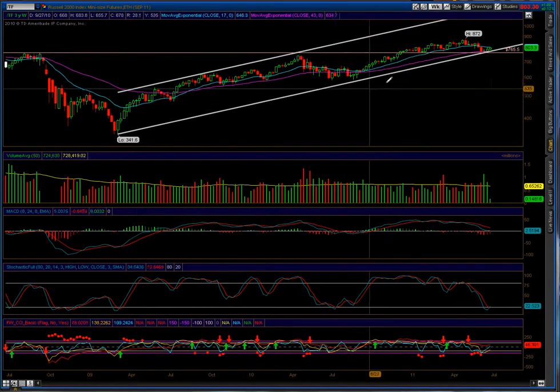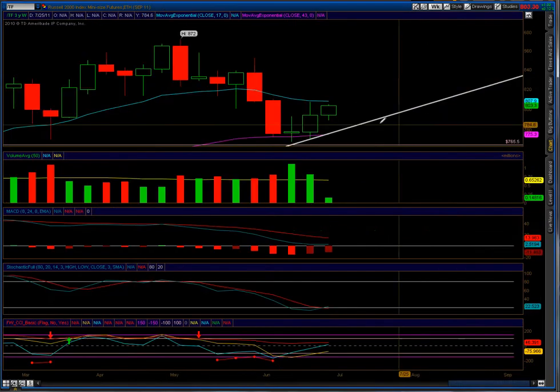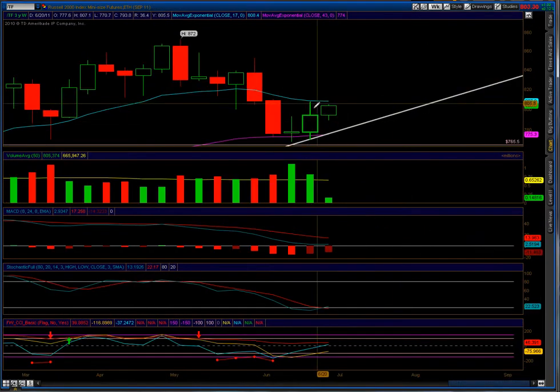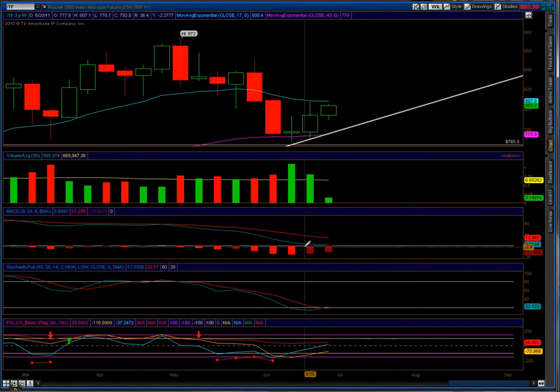You still see the uptrend channel, you still see the bounce off the bottom of the uptrend channel. You have continuation of the movement to the upside, and you have the indicators starting to curve up. You have the cross on the stochastics for the weekly. So we're still looking really good for the small caps as well.